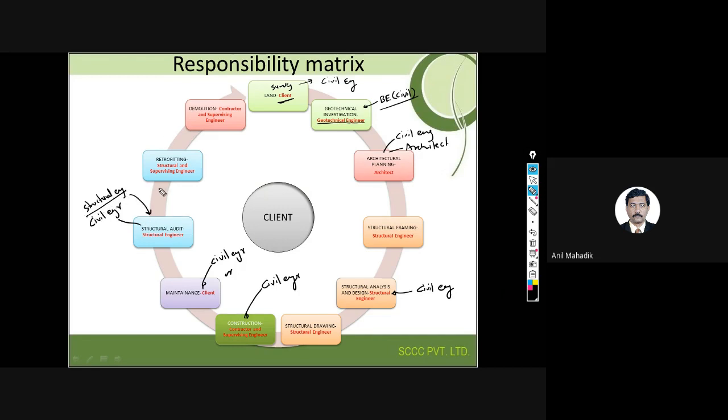As we are also doing the structural audits, we do the structural design, drawings of new structures, and we do the structural audit of old structures. Retrofitting is also done by a structural engineer, which is nothing but a civil engineer. Demolition, there may be some special agencies in this case. So you'll see that within this life cycle, we are having a lot of opportunities in every area, either it may be survey, geotech, architectural, structural, construction, audit, and so on.